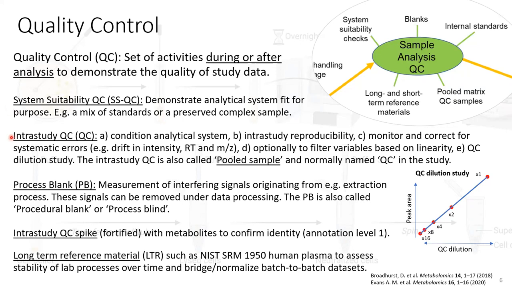Then there's something about this QC pool, where it has several purposes. One thing is conditioning the analytical system. The other thing is to look into the reproducibility of all the injections that you do in the study, and it's also to monitor and correct for systematic errors, so we can normalize our data after this, and I will come back to an example of that.